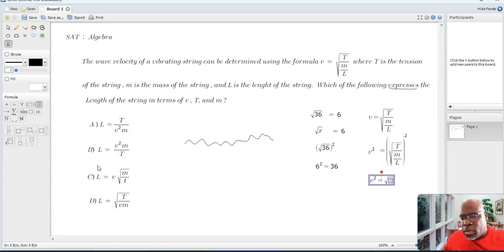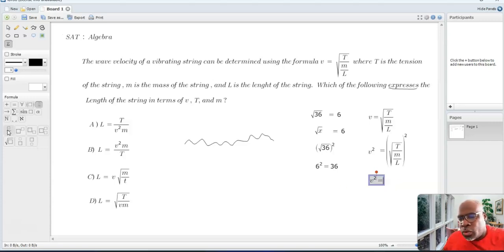Wait, wrong thing. This thing is going to go here. Well, we remove the square root sign. My bad, I'm supposed to remove the square root sign, right?